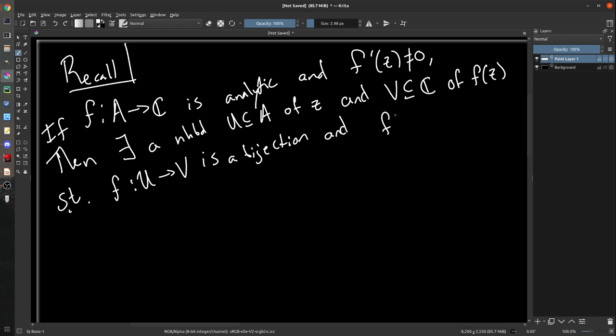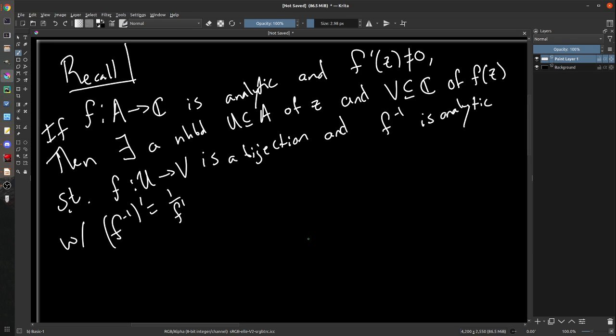And f inverse is analytic, with its derivative given by 1 over f's derivative. Okay, that's fine, good.